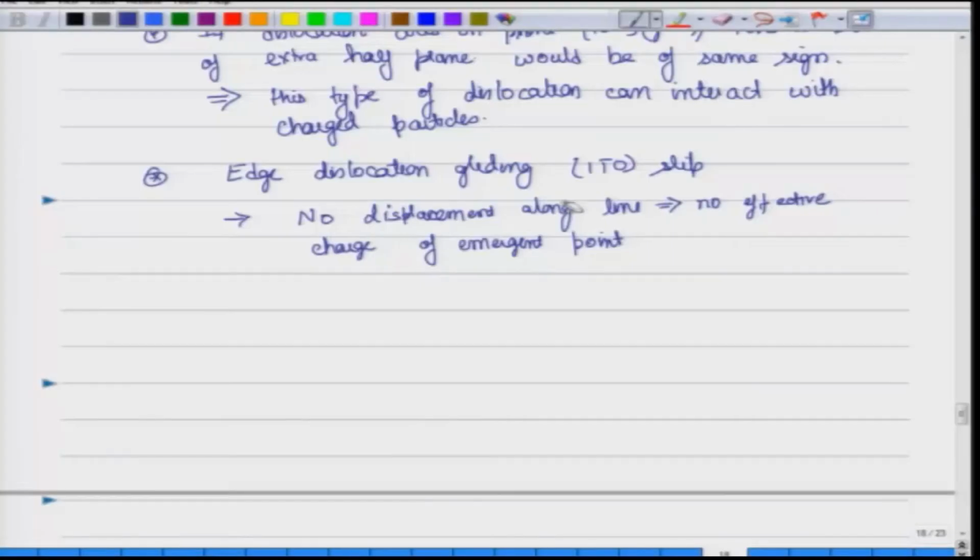So, what I am trying to say is that there is no displacement of the line of charge along the line, which implies no effective charge at the emergent point, the point which is moving ahead.